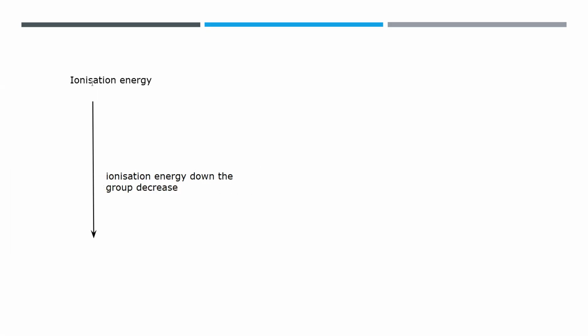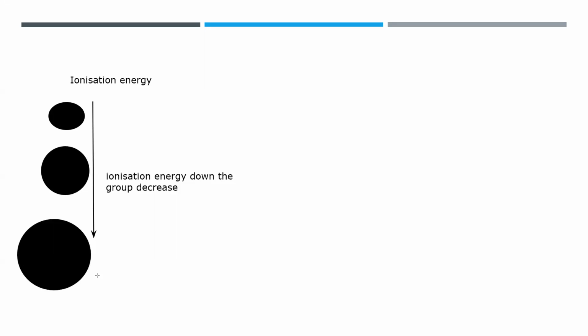What is the reason why, as we go down the group, the ionization energy decreases? Because the size of the atom is getting bigger. As the size of the atom increases, it will be easy to remove an electron from the last shell. The distance is increasing, so it will be easy to remove an electron from the last shell. That's why the ionization energy decreases as we go down the group.